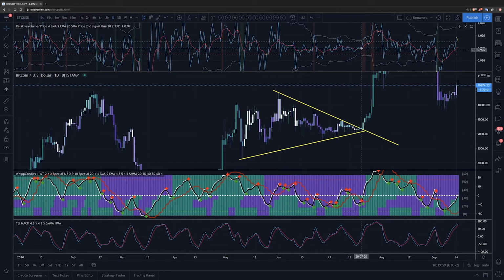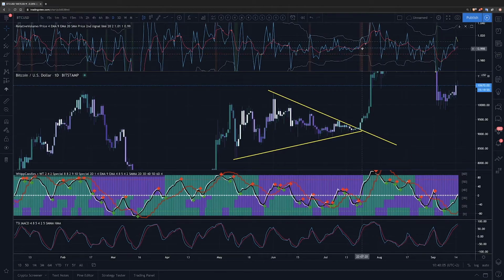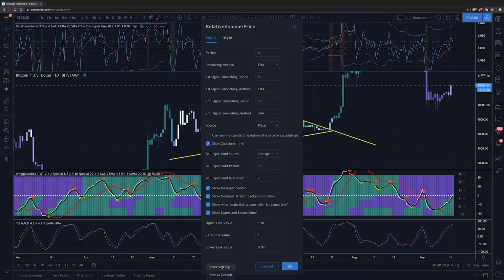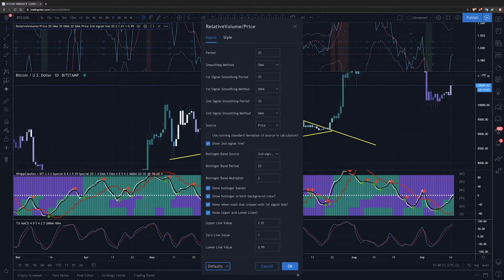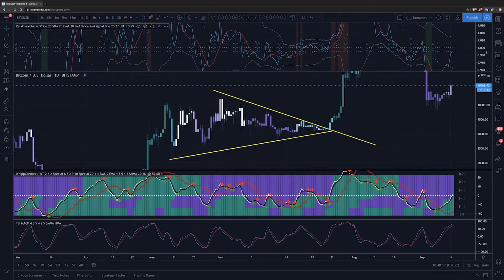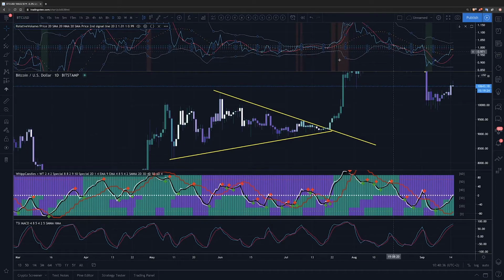Relative volume price is above the 1 line. And I'm going to reset settings, reset defaults. Okay, and we're going to go back here. So the RVOL settings I use for whip trend, whip candles, are different for the reaction that I want on the panel compared to the reaction I want to see when I'm actually looking at RVOL.